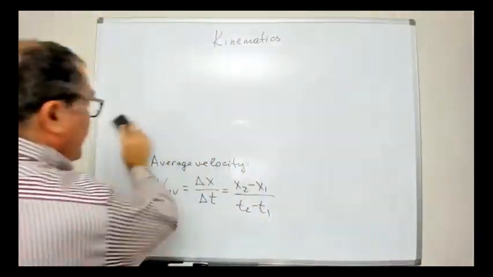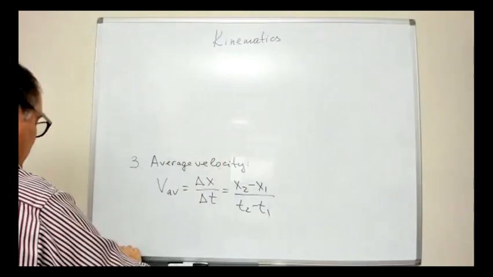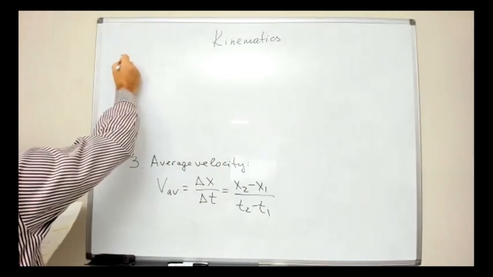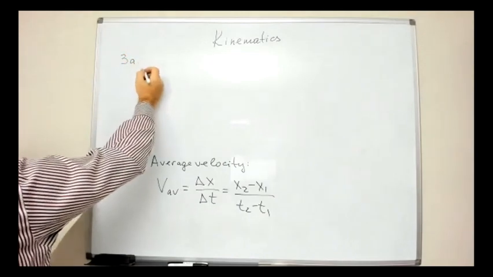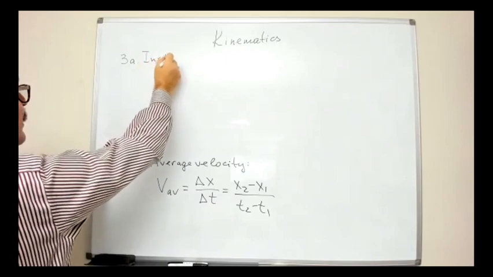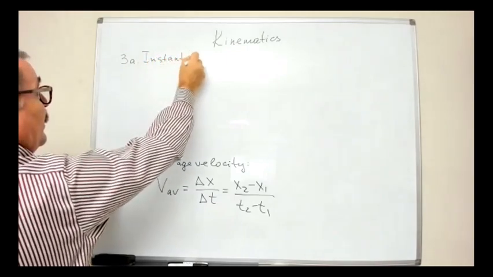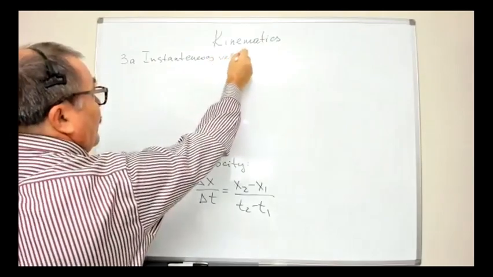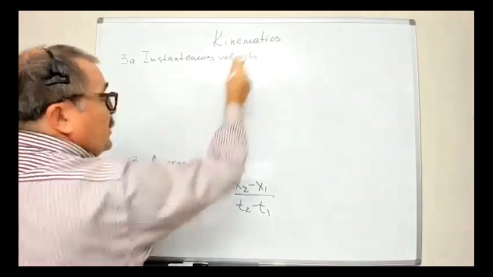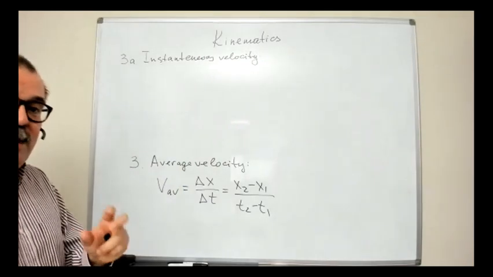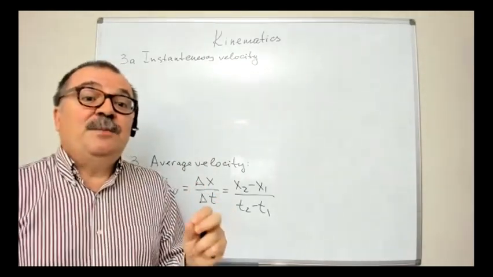So the fourth property, or maybe 3A property, is instantaneous velocity.